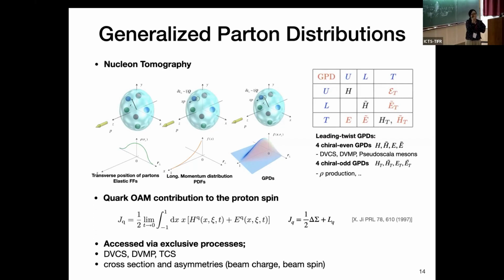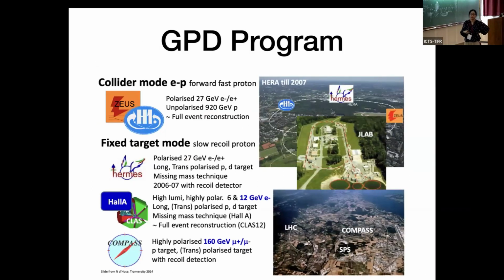Depending on your asymmetry, you can see what kind of amplitude is more sensitive to a certain GPD. I should also mention that from the measurement, what you're looking at is not directly the GPD, but the Compton form factors. You cannot directly access the GPD from the measurement.